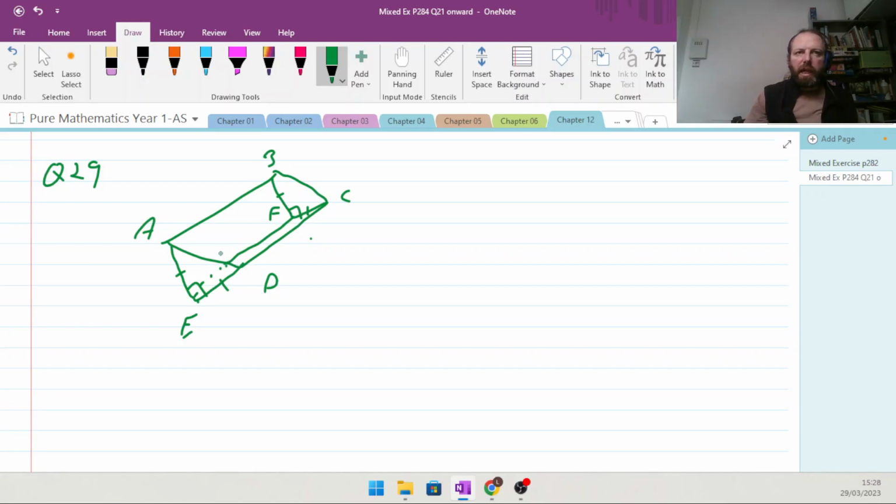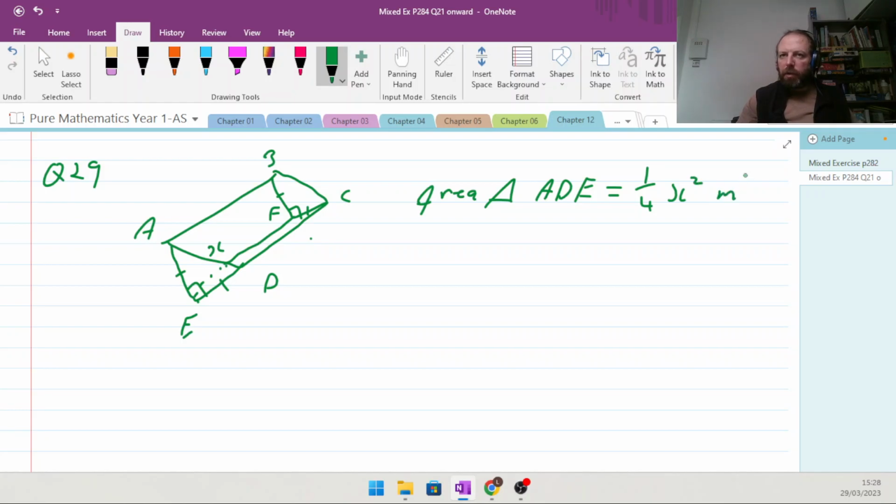They've told us that AD is x, and they want to show that the area of triangle ADE is equal to a quarter x squared meters squared.